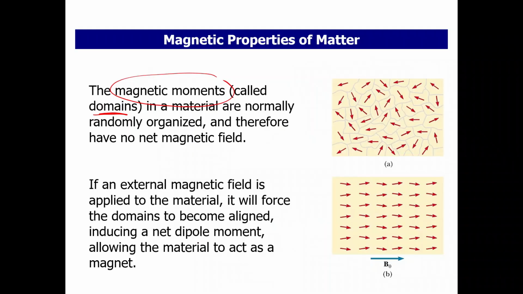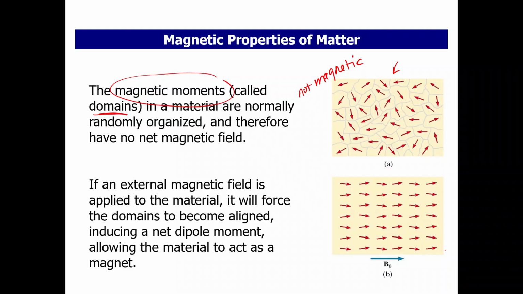If you were to take a snapshot in time, each one of these arrows would represent an unpaired electron or an atom with an unpaired electron, and they're scattered around everywhere. This material would not be magnetic. It's possible to be magnetized, but it is not currently magnetic. It would not attract other magnetic materials.